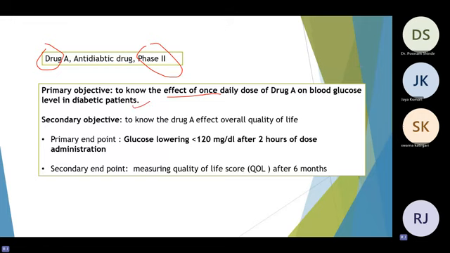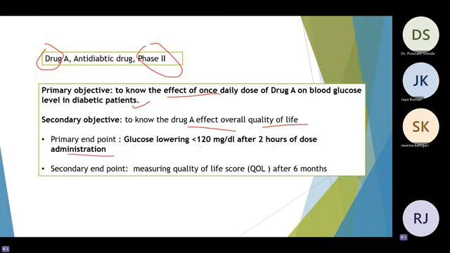Our secondary objective, or secondary research question, is what is the effect of drug A on overall quality of life. So here our primary endpoint would be how well the drug is going to lower the blood glucose level. For example, glucose lowering to less than 120 mg per deciliter after 2 hours of dose administration.